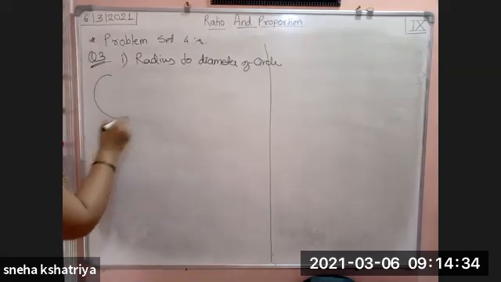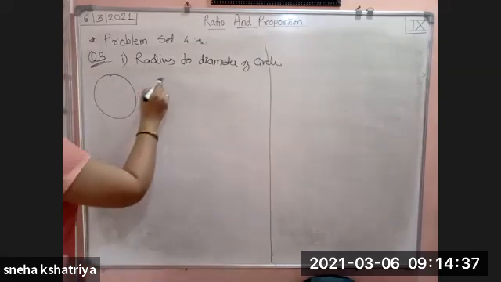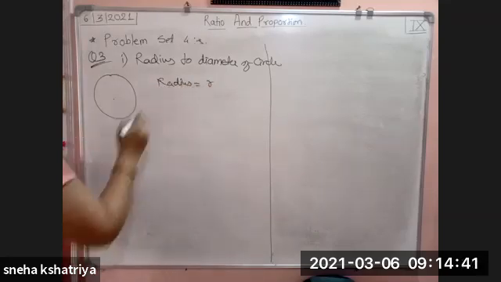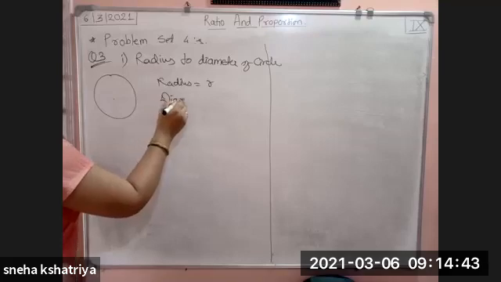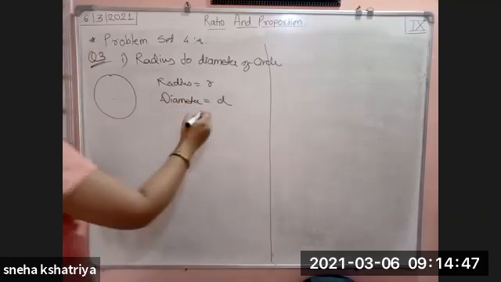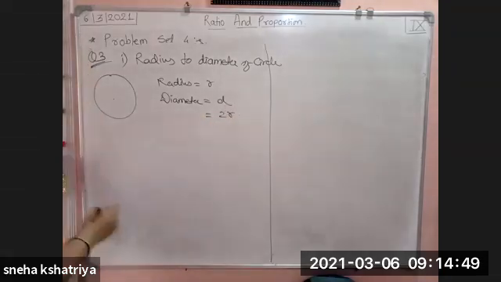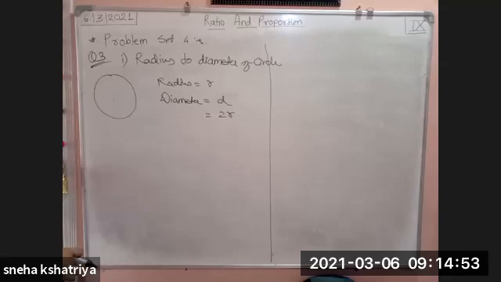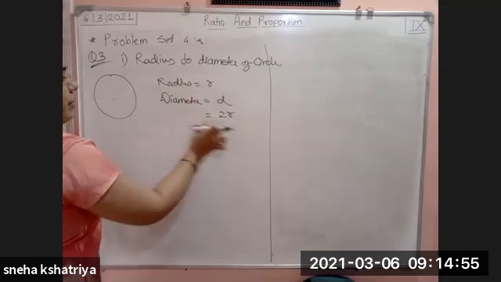Whenever a circle is there, we have radius, let us suppose r, and diameter is equal to d. But d means what? It is 2r, because it is twice the radius. So radius is r, diameter is 2r.